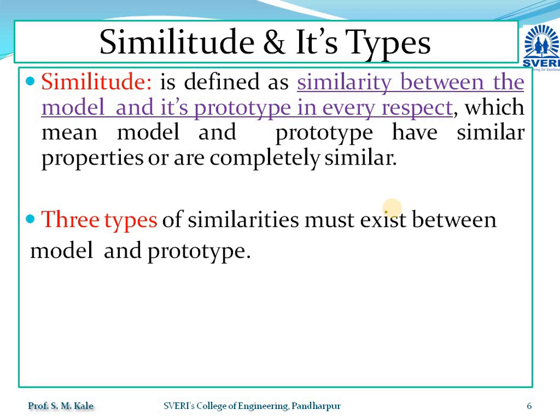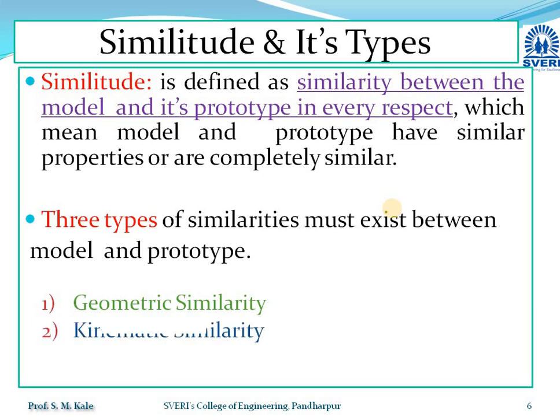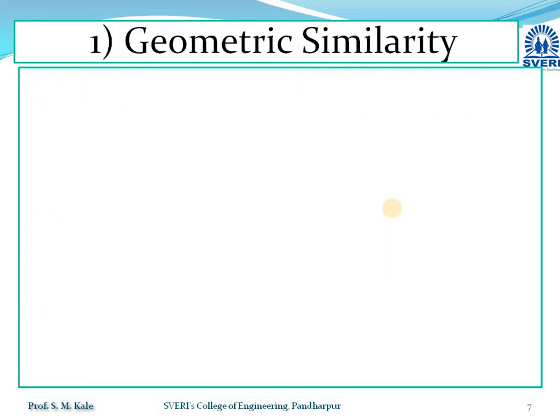As I have already told, there are basically three types of similarity which must exist between model and prototype. First is the geometric similarity, second is the kinematic similarity, and third is the dynamic similarity. One by one we will see all the similarities.